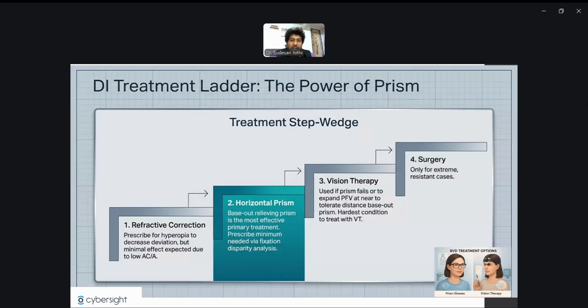We first correct any refractive error, as I say, it's a universal thing. Then prescribe a relieving base-in prism to eliminate the distance diplopia. Vision therapy may be added if symptoms persist, while surgery is reserved only for severe cases that do not respond to conservative management.